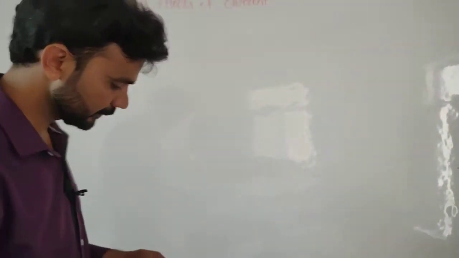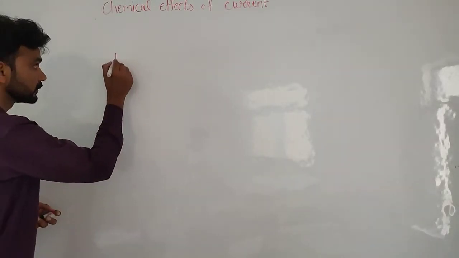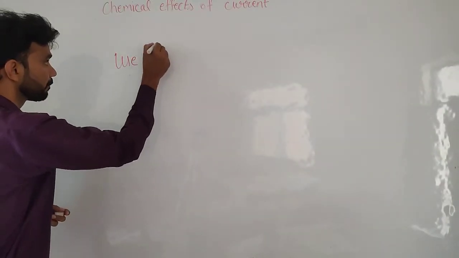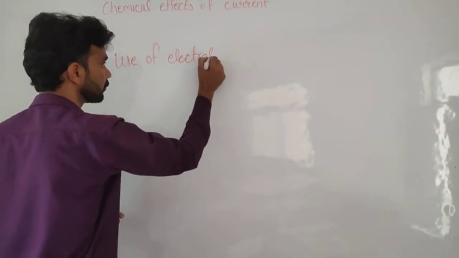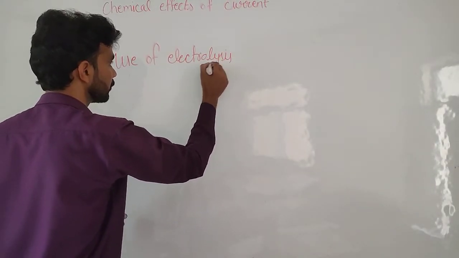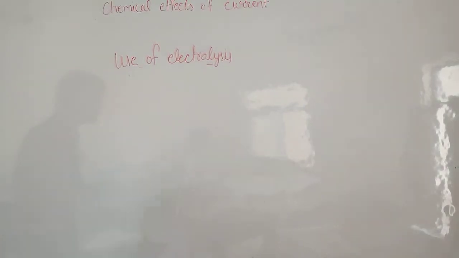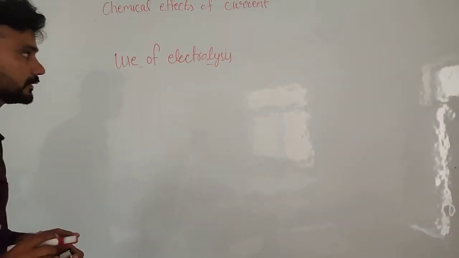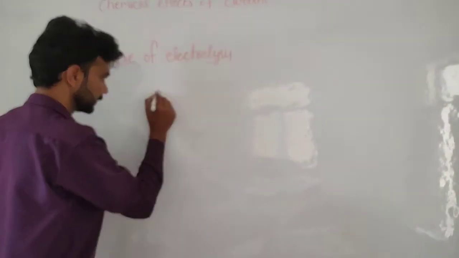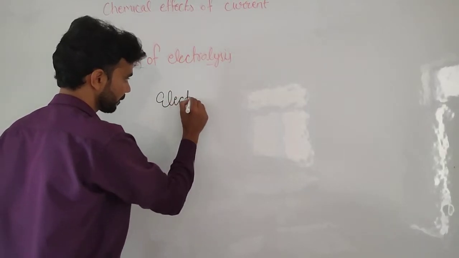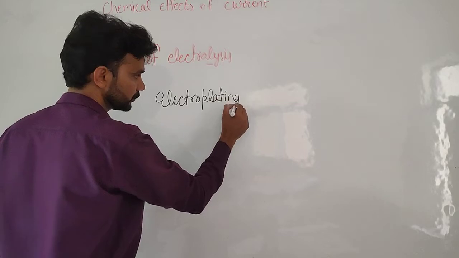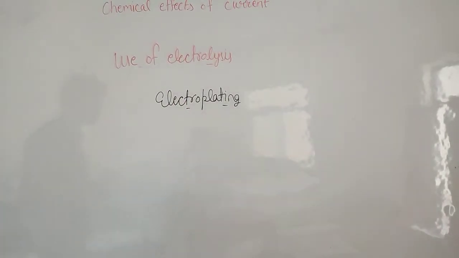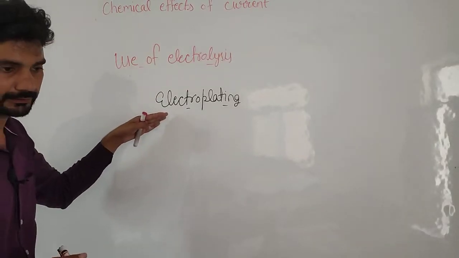First, the use of electrolysis: electrolysis is used in electroplating. Current is passing through it, it will break into ions, and a chemical change takes place. So electrolysis is used in electroplating.